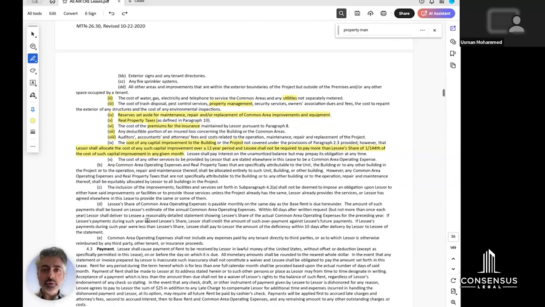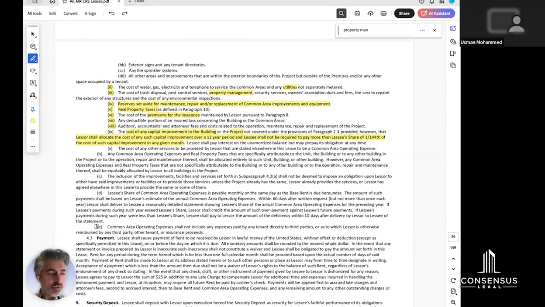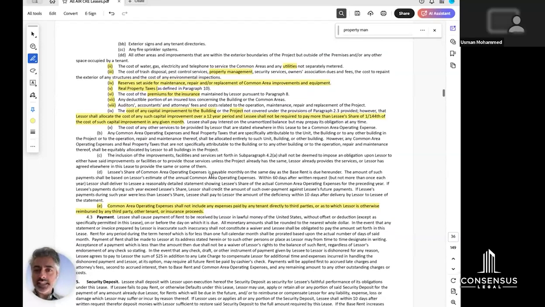And before we move on from the net lease, I'll just point out one more item, which I would call the no double dipping provision, which is paragraph E. What this says: common area operating expenses shall not include any expenses paid by any tenant directly to third parties, or as to which lessor is otherwise reimbursed by any third party, other tenant, or insurance proceeds.